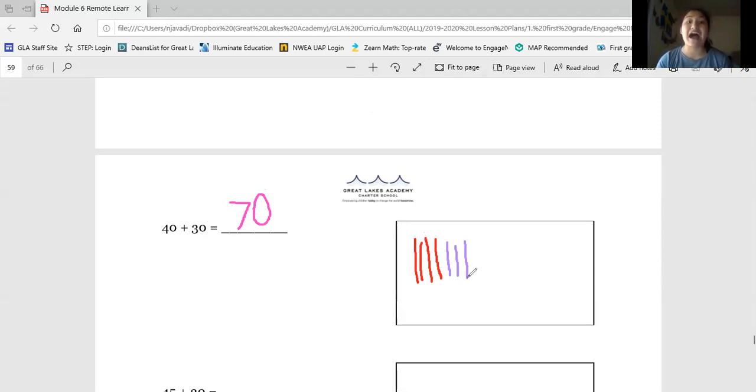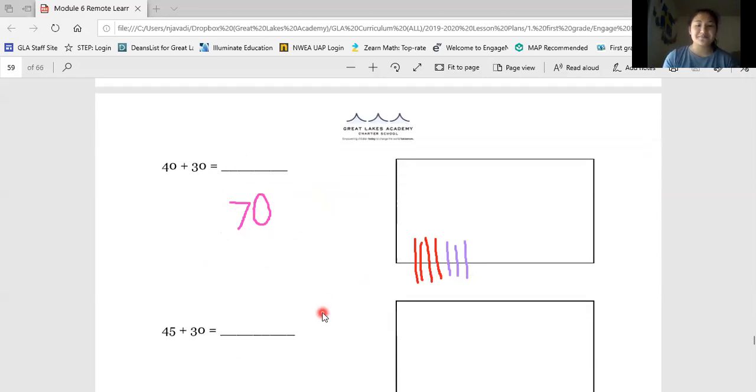Now let's count how many total 10 sticks we have. Get ready. 1, 2, 3, 4, 5, 6, 7. What number is equal to 7 tens? That's right, 70. So we know we got the right answer. Let's go on to the next problem.